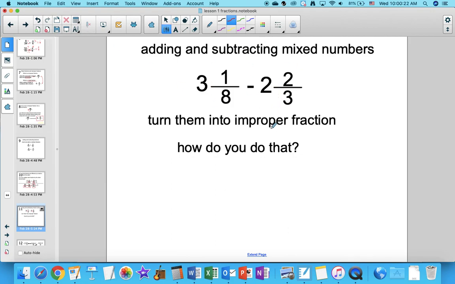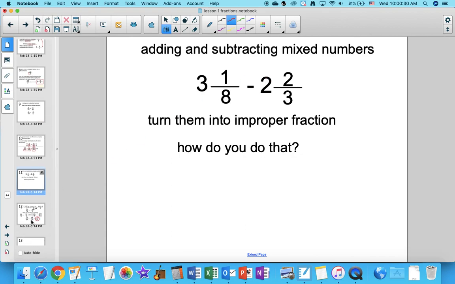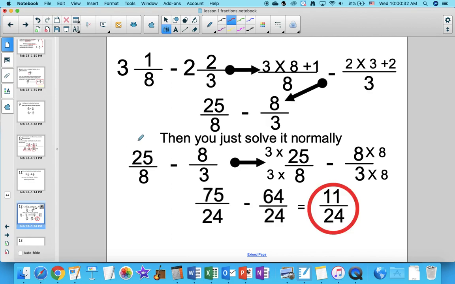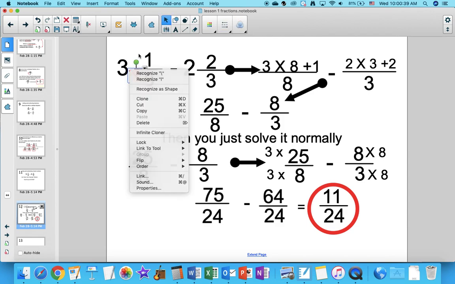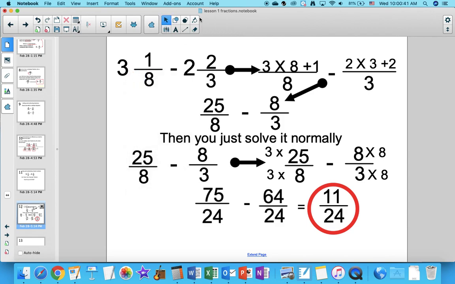So before we move on, try and turn these two fractions into improper fractions. And then we'll move on from there. All right, so in this case, hopefully you did this. You go 8 times 3 plus 1.